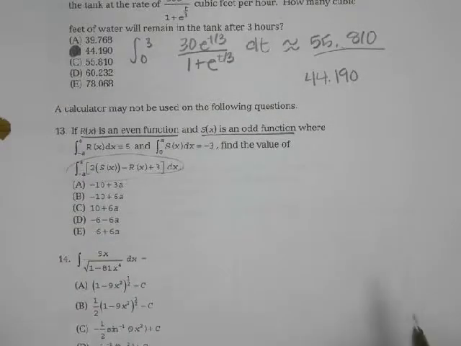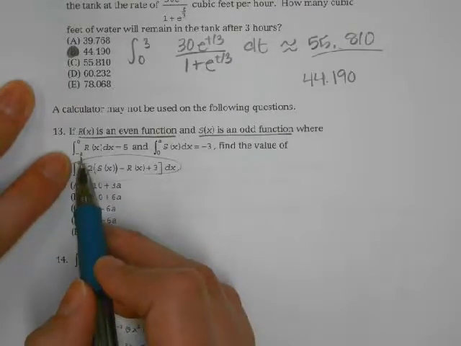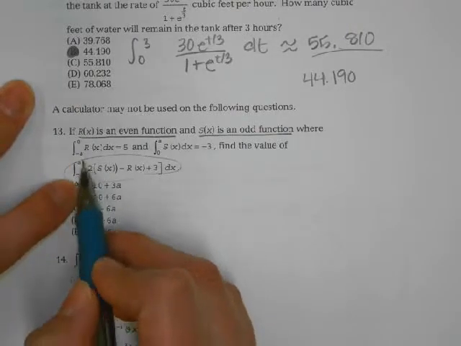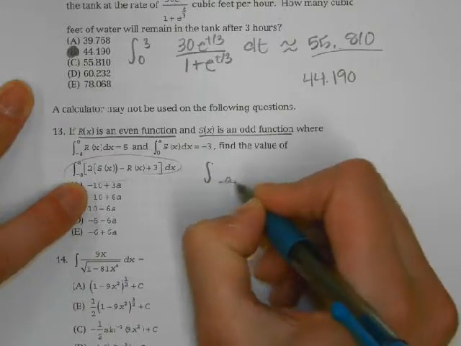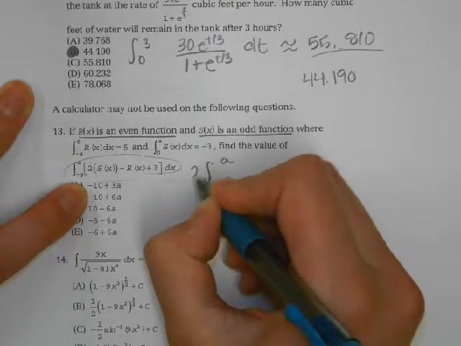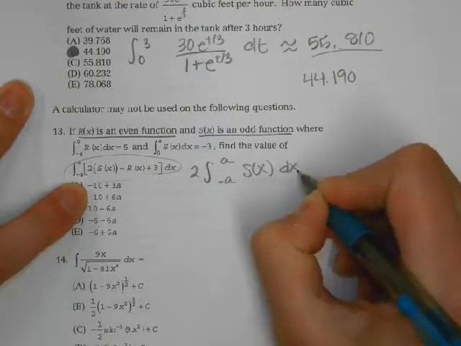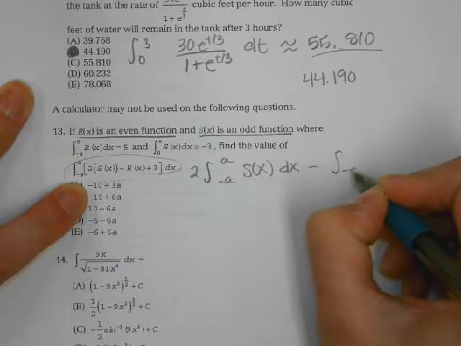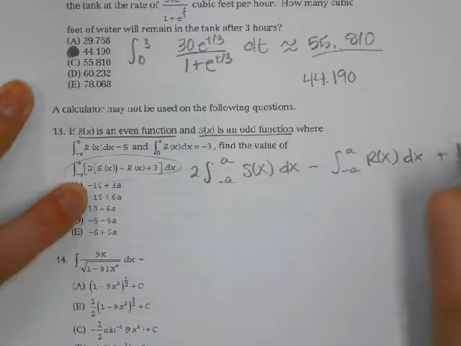So what I did is I wrote down, we've got from negative a to positive a, so I went ahead and I split this up. So I said I've got 2 times s of x dx minus r of x dx plus 3 dx.